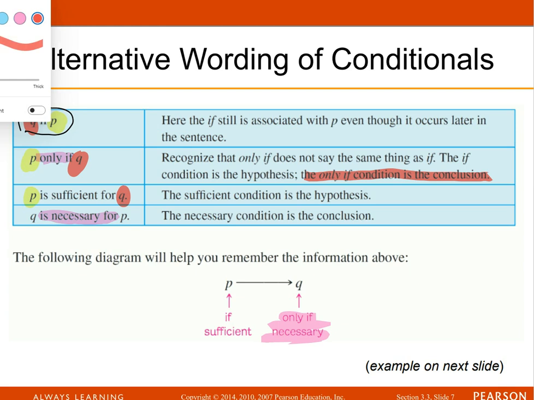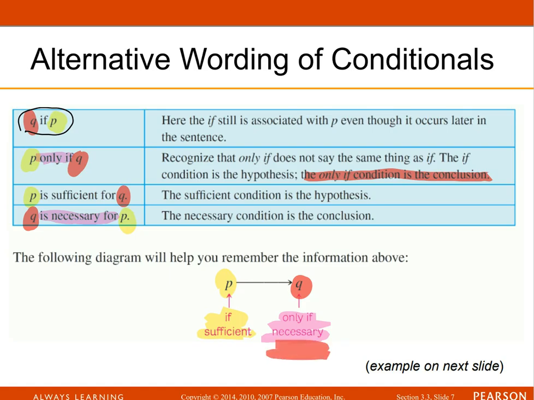That puts the conclusion first and the hypothesis second. And you can see it here. P is sufficient for the Q, which makes the Q only if necessary. A little play on words. That slide might come in handy for a couple of your problems in your assignment, so you might want to look for that.